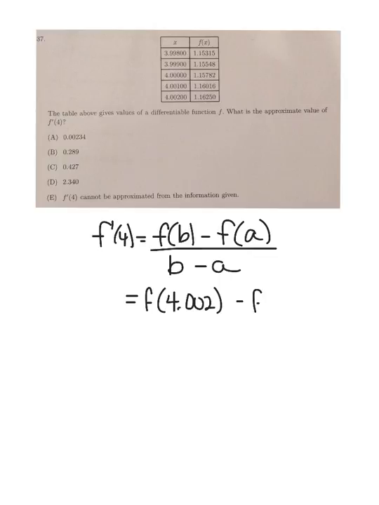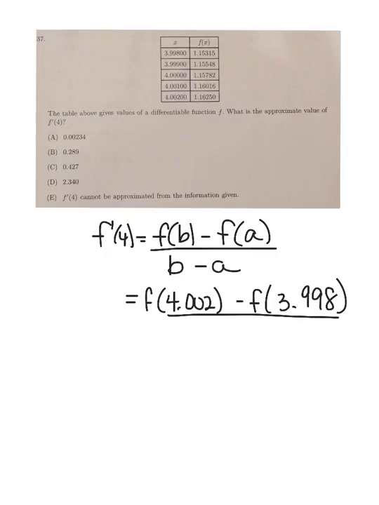Minus f of 3.998. Okay, and I'm going to repeat what I just said. Let me just show you on the chart. Here's 4 right here. You could go 1 higher and use these 2 values and these 2 values. It doesn't matter. I just went to the farthest away and the farthest away, okay?